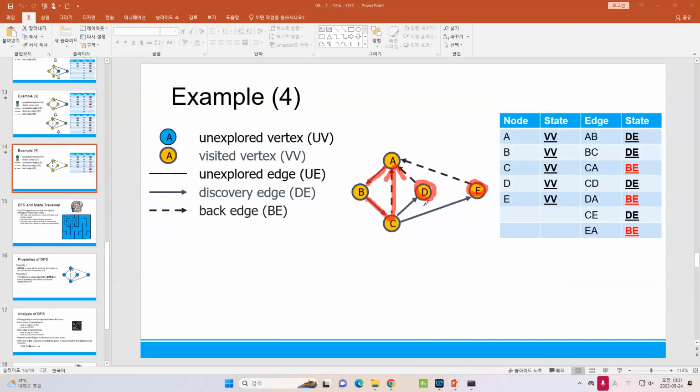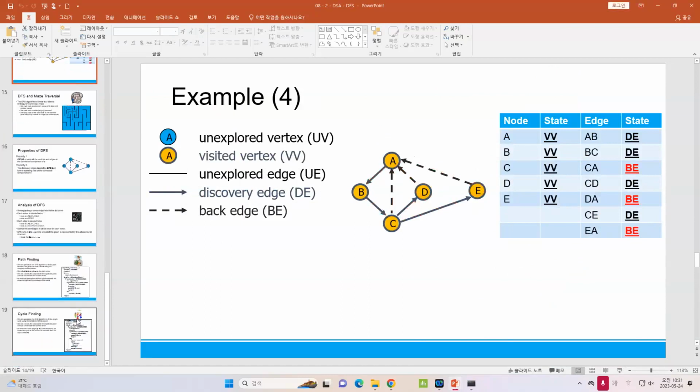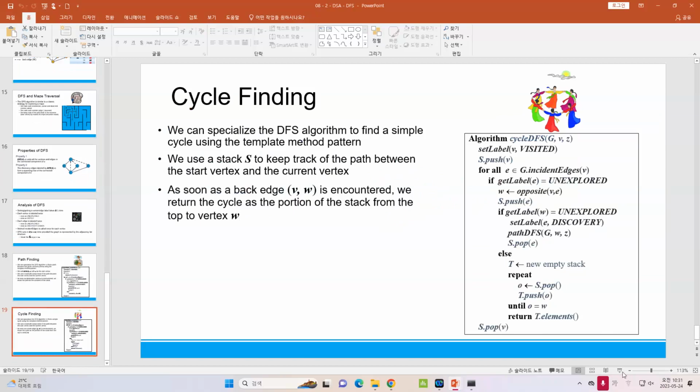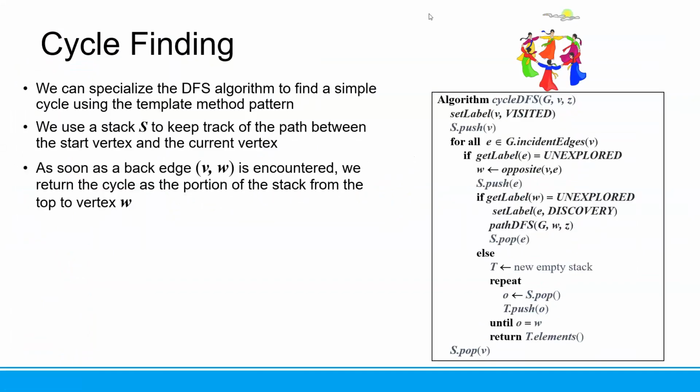We want to explore all vertices before determining this is a cycle. When you have the label with this unexplored, we will set it as discovery, and then we will do the next cycle.